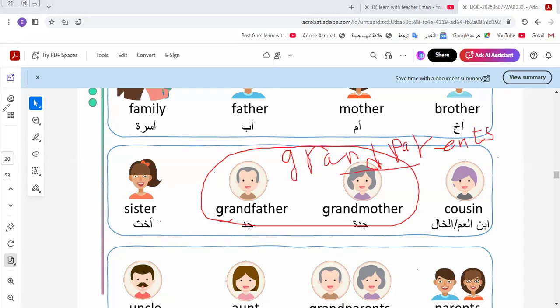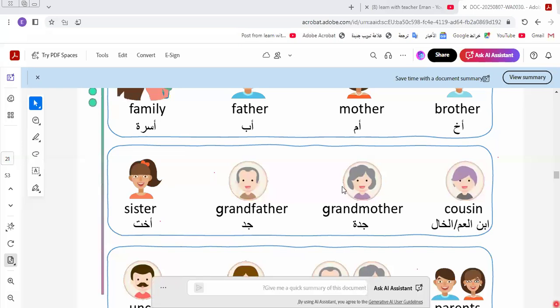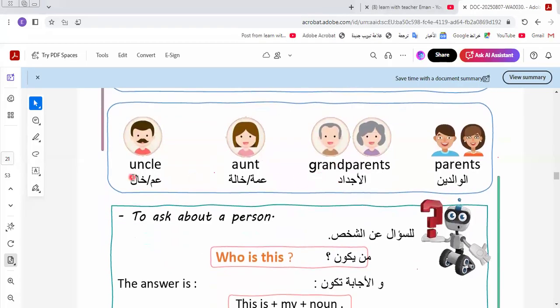Here is cousin. Let's continue the rest of the vocab. I would like you to have a paper and pencil and write this vocab because it's important for grades and KG. You must know this vocab. Here is uncle, aunt, grandparents.